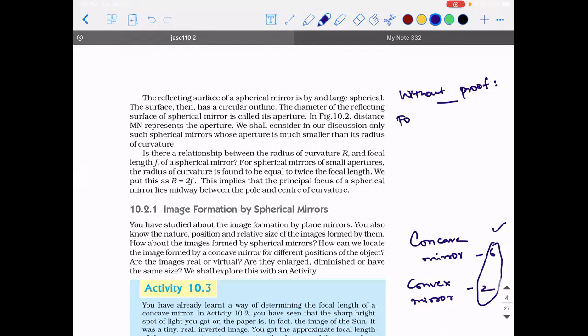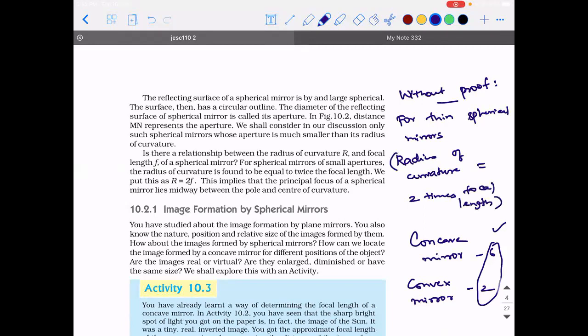Without proof, I can say for thin spherical mirrors, radius of curvature is equal to 2 times focal length, and the formula is R is equal to 2F. It is applicable only for thin spherical mirrors. You will see it in your 12th standard. As of now, you can make a note that R is equal to 2F.